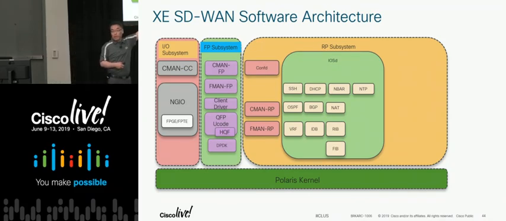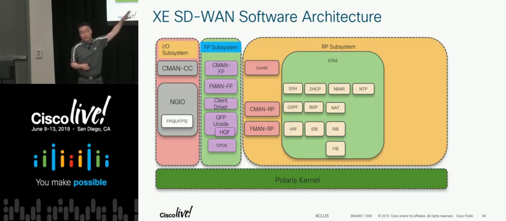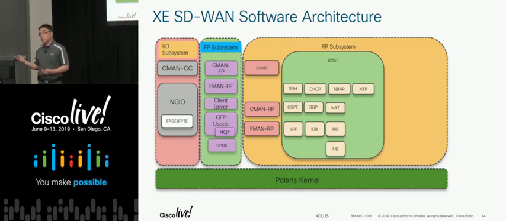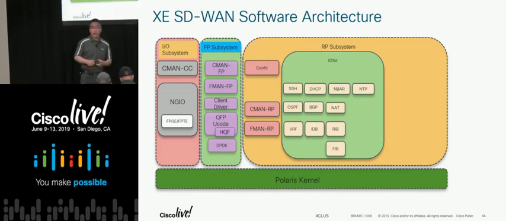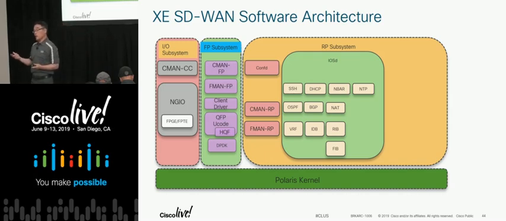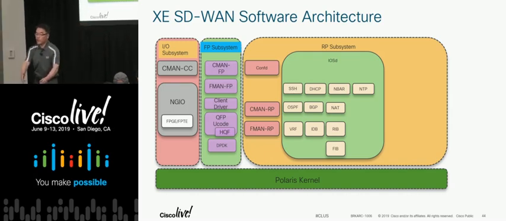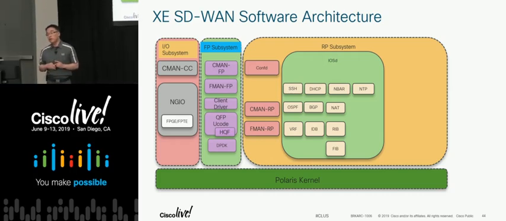IOS runs the control plane, OSPF and BGP, and is also responsible for generating the configuration, building the RIB, and computing the FIB. Then the FIB is downloaded into the FMAN RP, forwarding manager on the route processor, which maintains a copy of the FIB and pushes the FIB down to the FMAN FP.